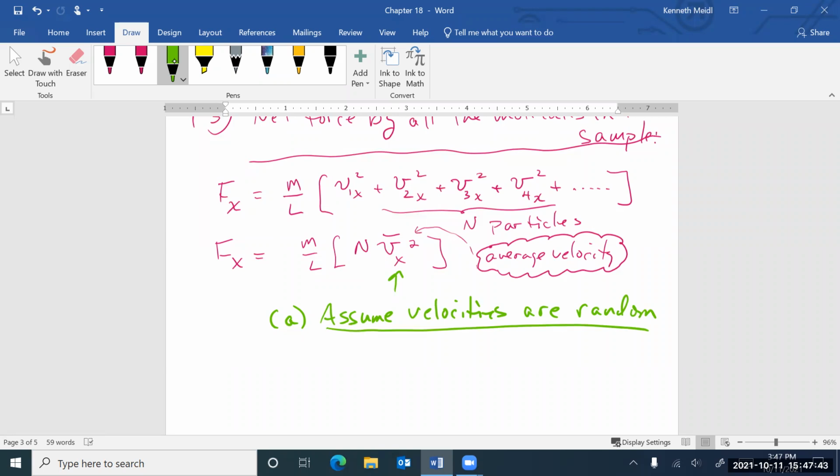That may not be true, right? If you have a gas sample and you have a fan blowing on them and you're moving an entire mass in a certain direction, well, now they're not random, right? And now you're doing some work on them, and you're pushing them in a certain direction.